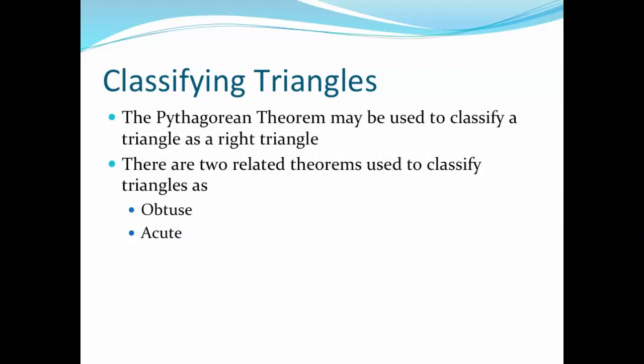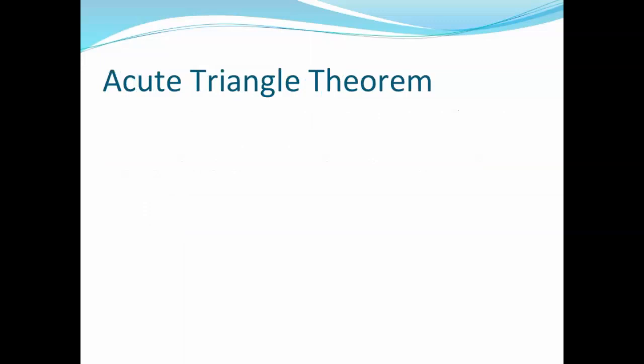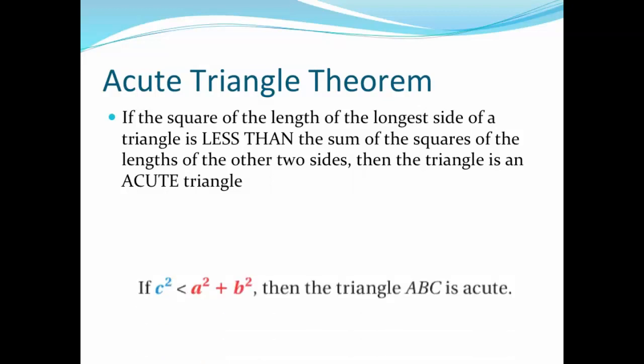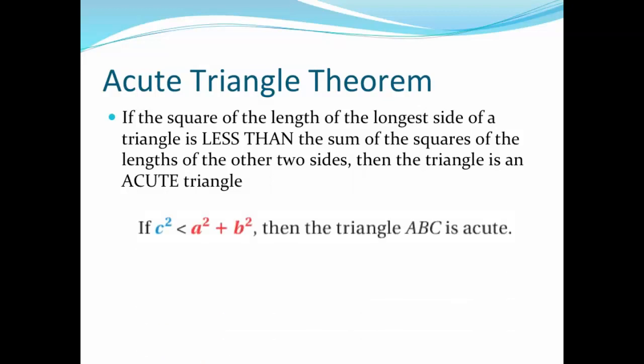Let's start with the acute triangle theorem. The acute triangle theorem says that if the square of the length of the longest side of a triangle is less than the sum of the squares of the lengths of the other two sides, then the triangle is an acute triangle. So in other words, if c squared is less than a squared plus b squared, we have an acute triangle.